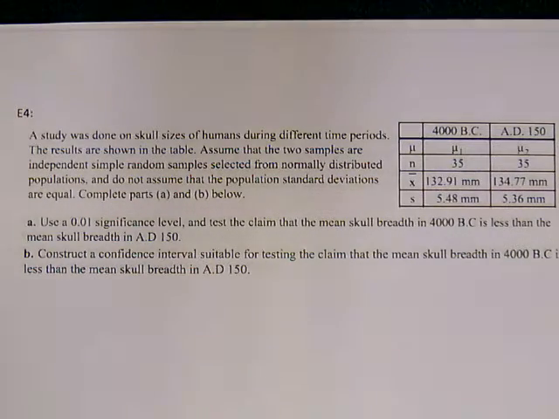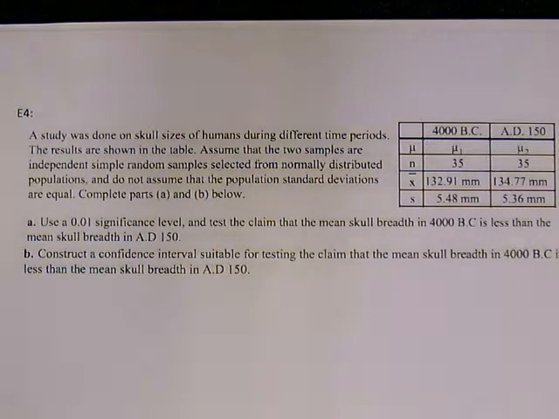A study was done on skull sizes of humans during different time periods. The results are shown in the table. Assume that the two samples are independent, simple random samples selected from normally distributed populations, and do not assume that the population standard deviations are equal. Complete parts A and B below.